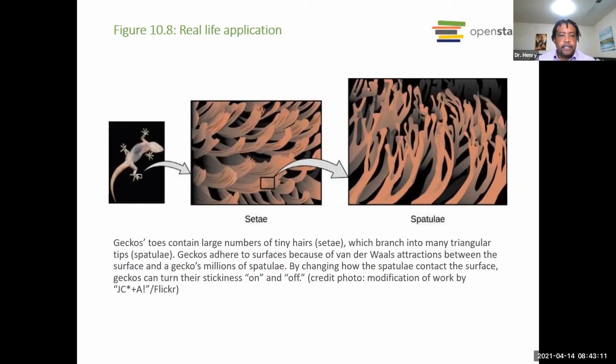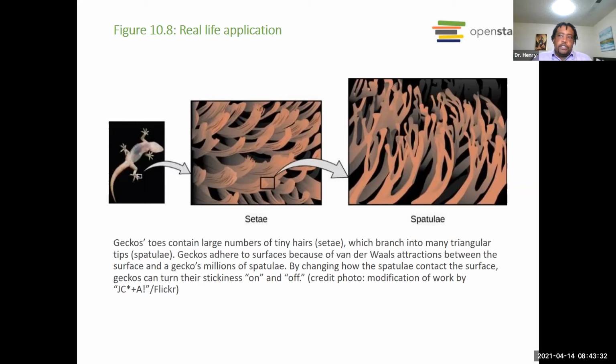And these little tiny hairs kind of branch off and have these little triangular tips like this, called spatulae. So those allow more stickiness, and the gecko could kind of turn on its stickiness, more or less. So it increases that stickiness.